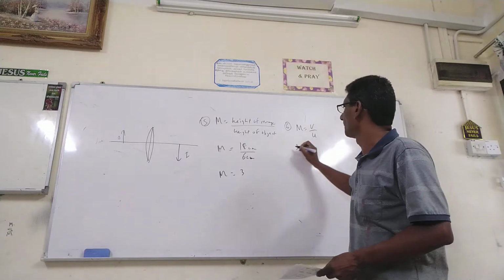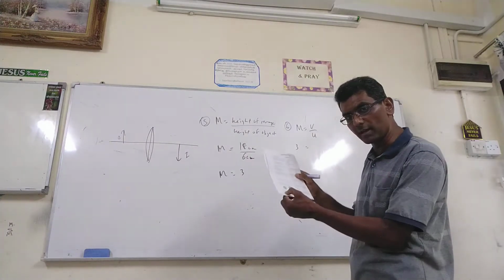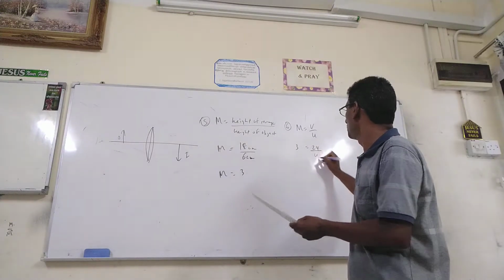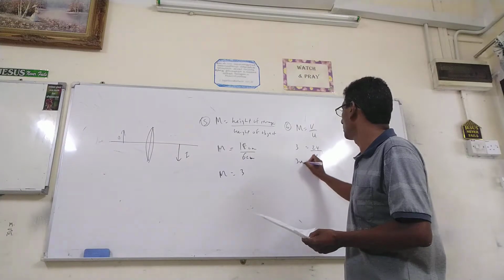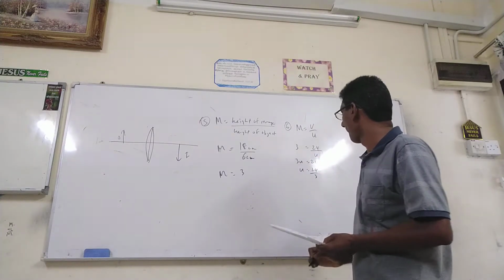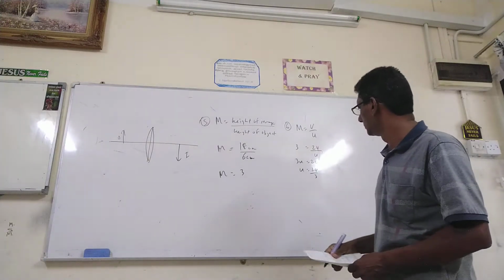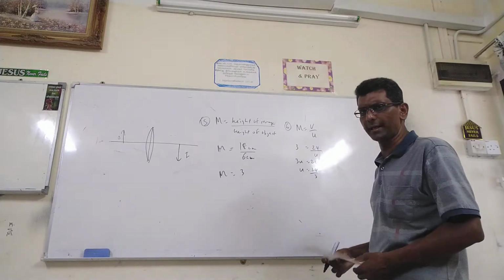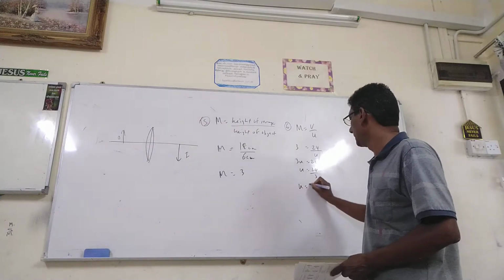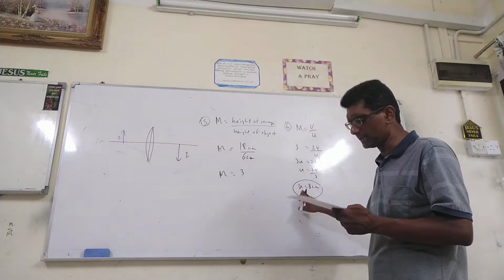The image distance v is given as 24 cm, and the object distance we don't know. So 3u equals 24, u equals 24 divided by 3, which is 8 cm. So the object distance will be 8 cm.